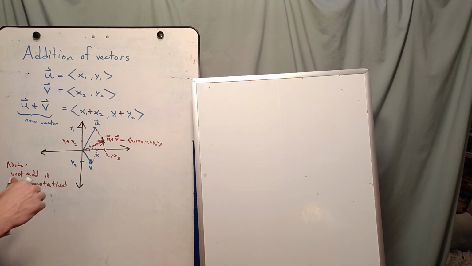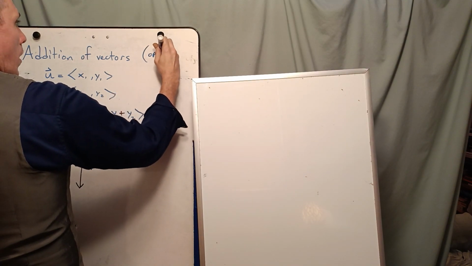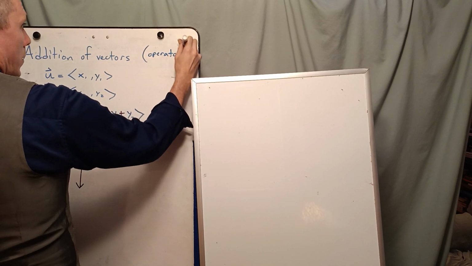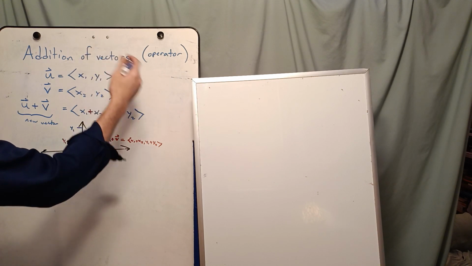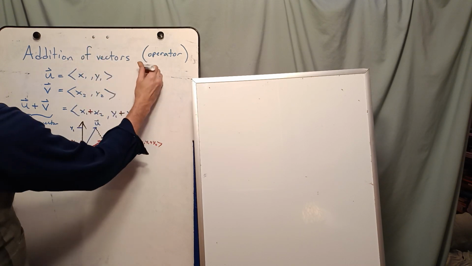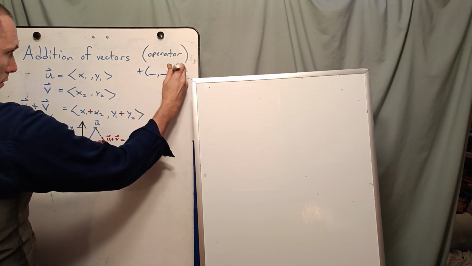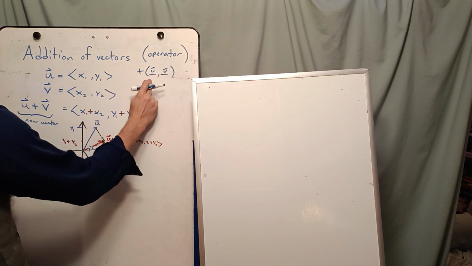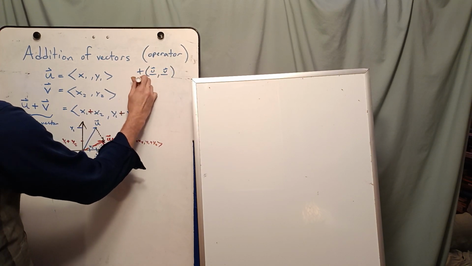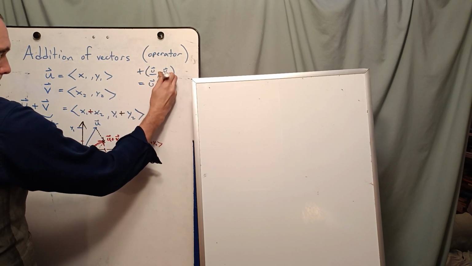Something to remark on here is that this is an operator. It is a map from our vector space back to itself. Addition takes in two vectors, say u and v, as its inputs, and it outputs this other vector, u plus v, right?